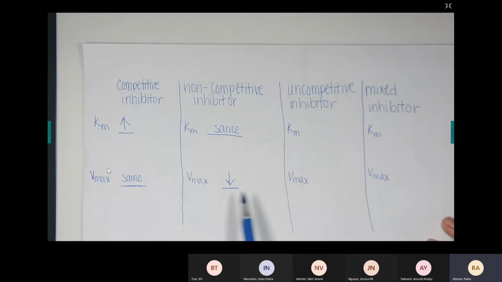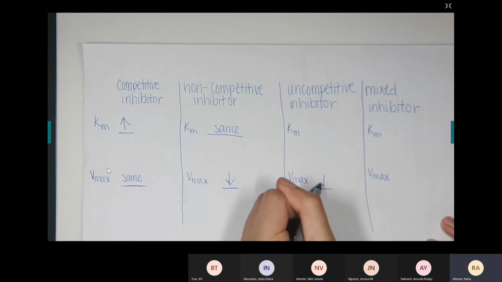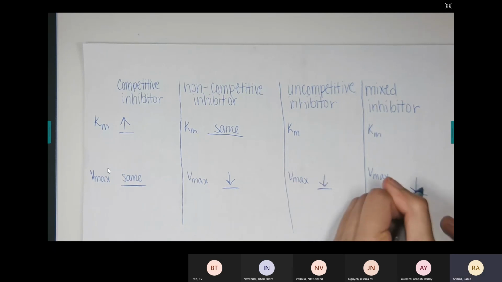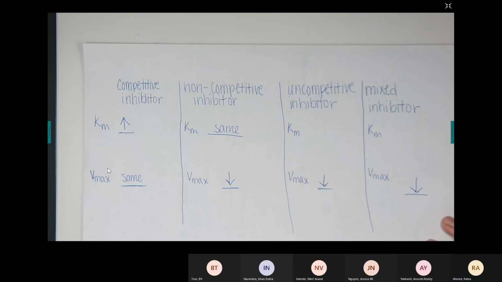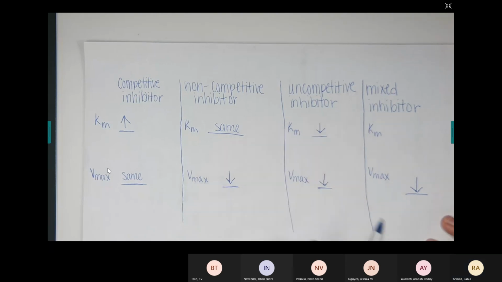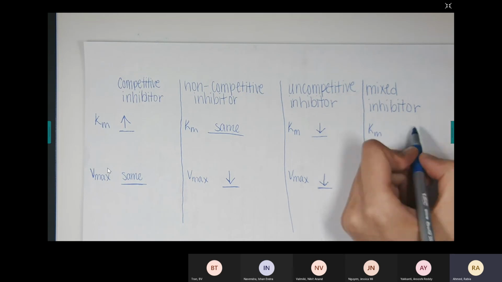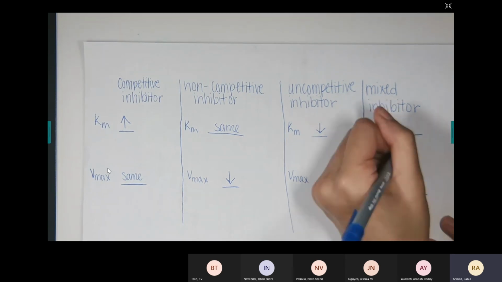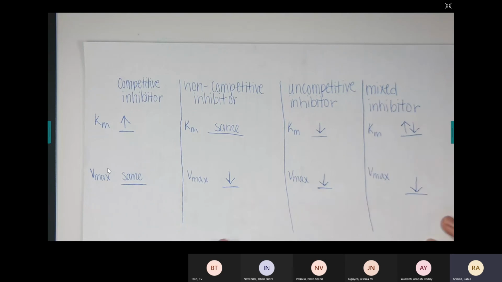For these three, just know that the Vmax will always decrease because it's not bound to the active site, so it's going to decrease for this one and this one. And for the uncompetitive inhibitor, the Km will decrease. And for the mixed inhibitor, since it's mixed, the Km is going to increase or it can decrease.